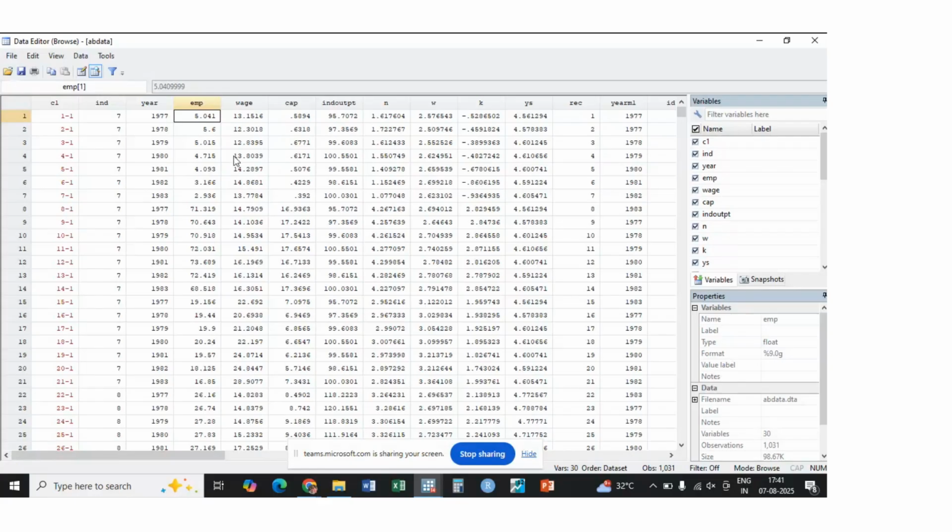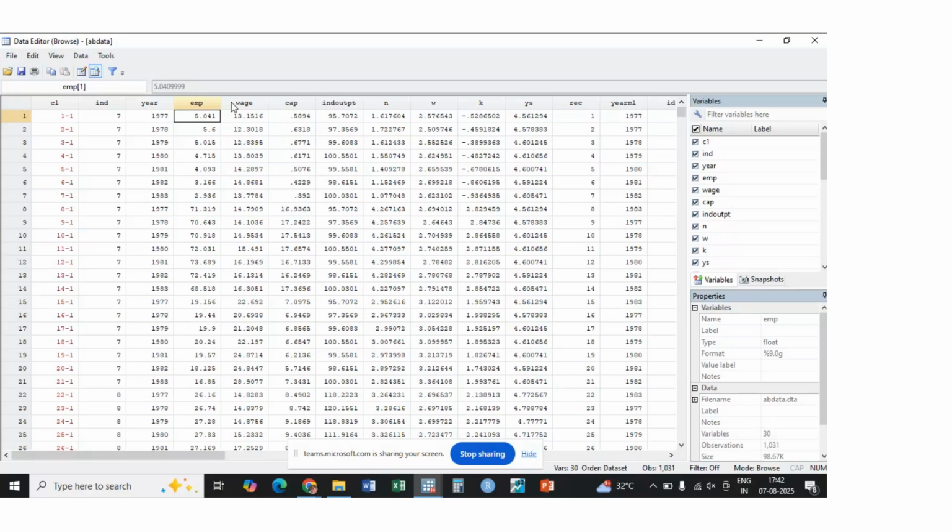Employment depends on the previous year's employment, so the employment rate is connected to past employment rates. Along with that, we are adding three more variables: wage, capital stock, as well as industrial output, the output by the firm.